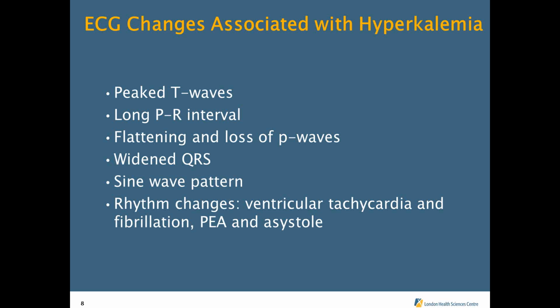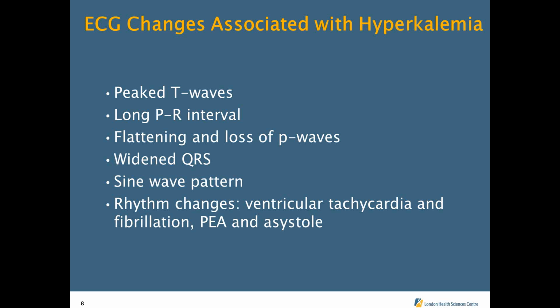You also start to see changes in cardiac conduction. So the PR interval can start to get longer, and then you actually see the P wave flatten, and eventually you lose the P wave. Then typically you'll see the QRS start to widen out, and eventually it forms into a sine wave pattern.